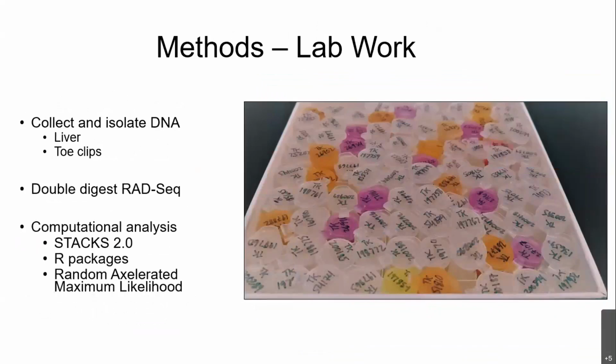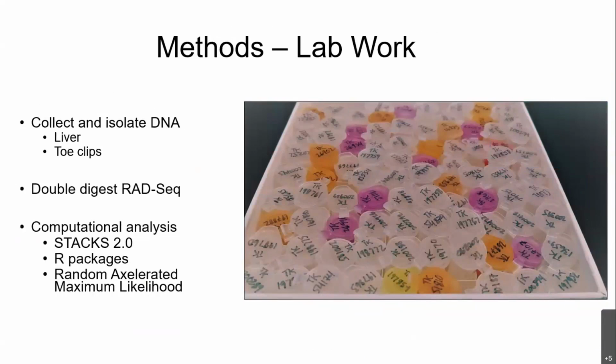For the lab work, we isolated the DNA using a standard DNeasy protocol. Most samples we used were liver. For some that we could not catch, we got museum loans and used toe clips to get the DNA. We sent the isolated DNA off to a sequencing facility in New Jersey for double digest RAD-Seq.